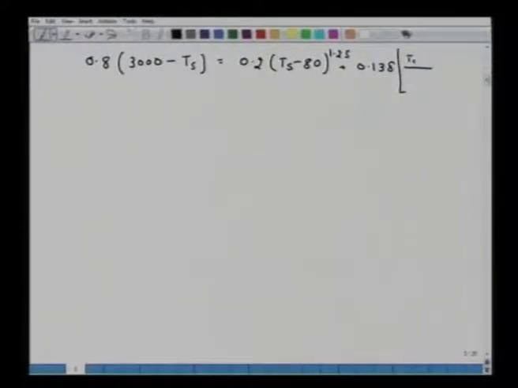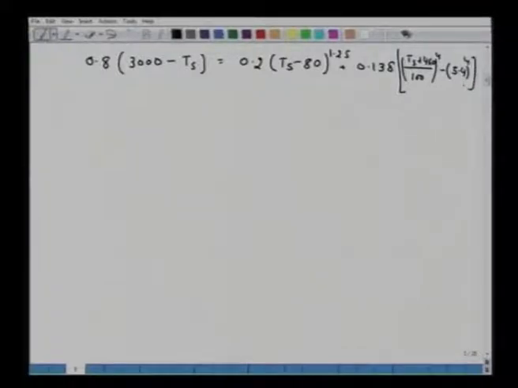So, we get by rearrangement 3000 minus T s, that is equal to 0.2 T s minus A t raised to the power 1.25 plus 0.138 into (T s plus 460 upon 100) raised to the power 4 minus 5.4 raised to the power 4.